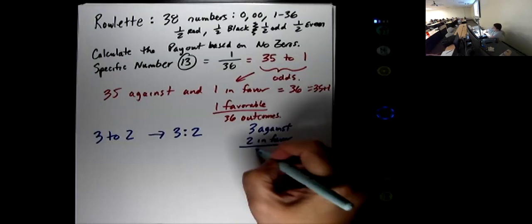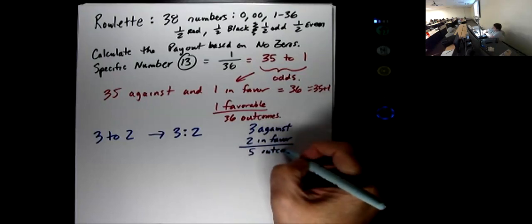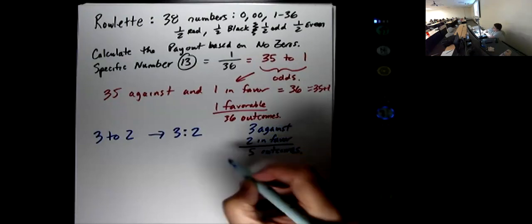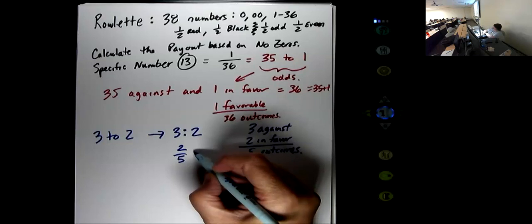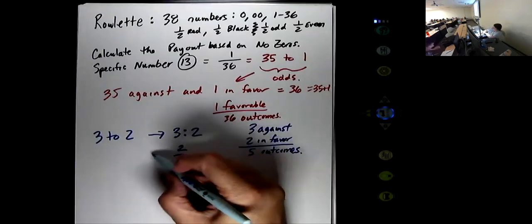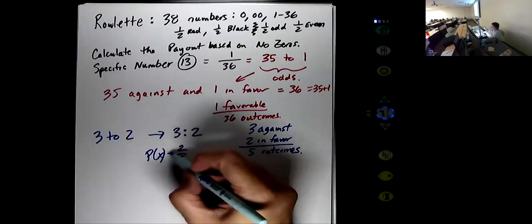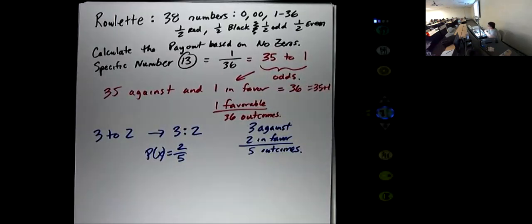So a total of 5 outcomes, which means you have a 2 in 5 chance, 2 in 5 probability. That's how you work with odds.